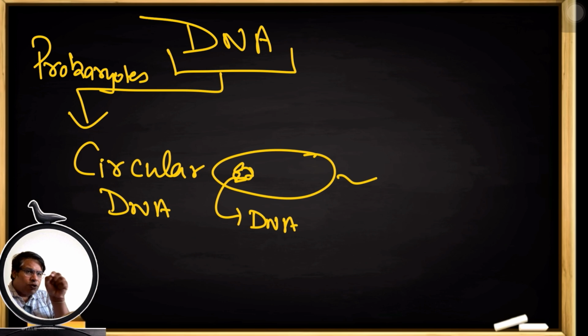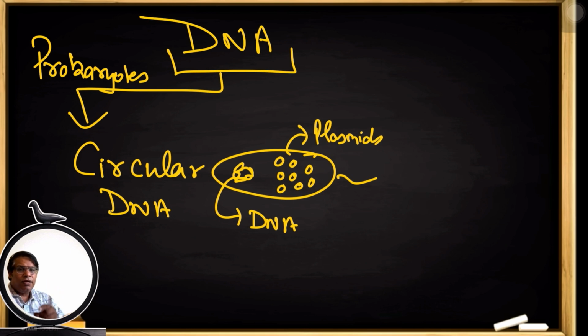Another important thing, keep in mind, in bacteria you are also going to see small circular DNA. One is genomic DNA, which is comparatively bigger in size, and within the bacteria you are also going to have multiple copies of small circular DNA. These are known as plasmids.